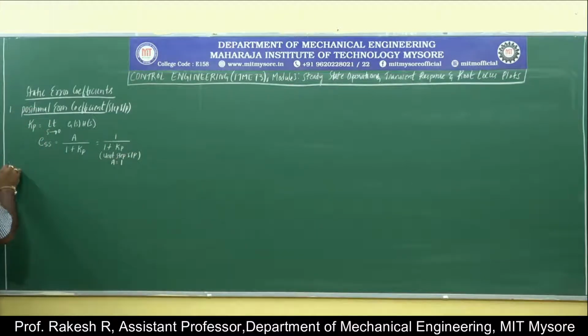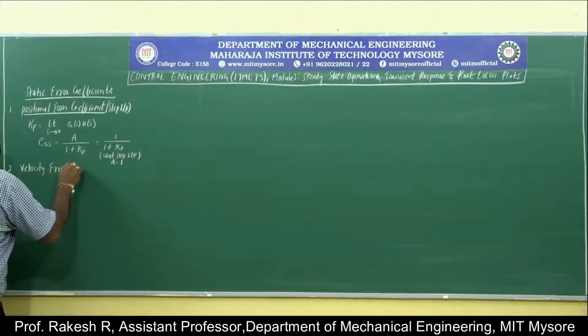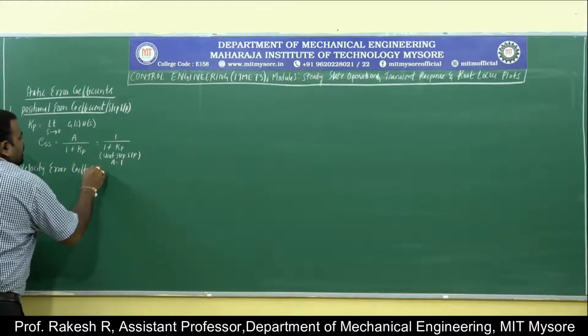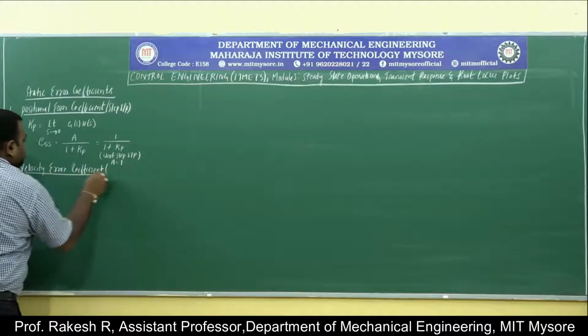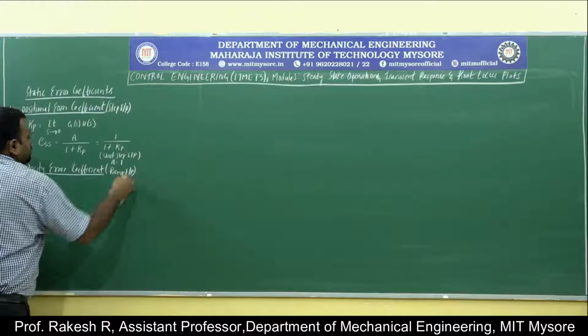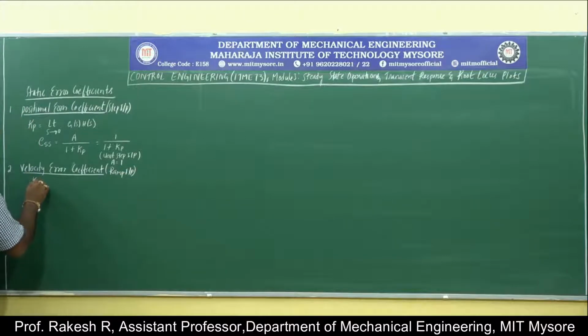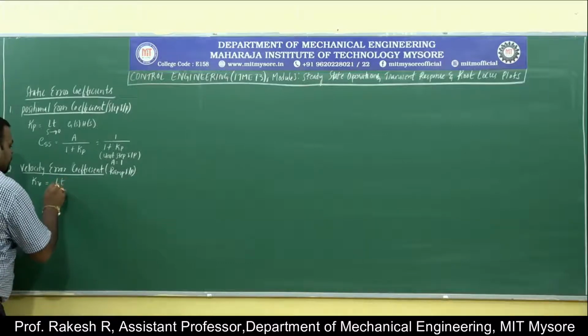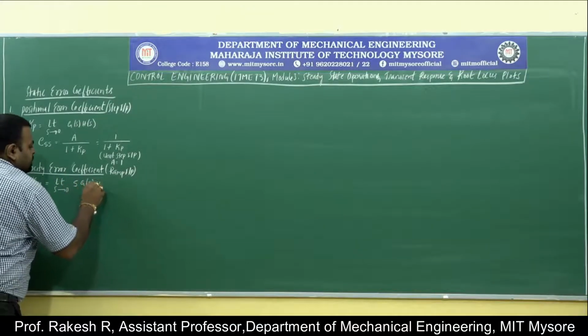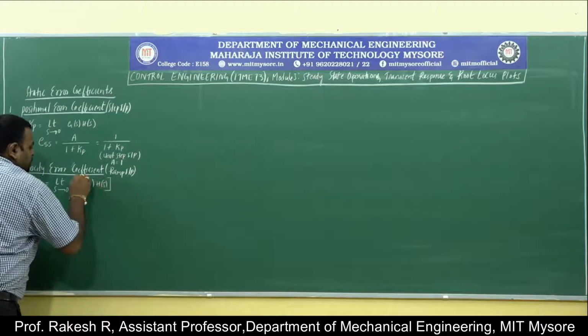Similarly, the second one is the velocity error coefficient, which is for ramp input. The velocity error coefficient Kv is limit of s tends to 0 of s into g of s into h of s.